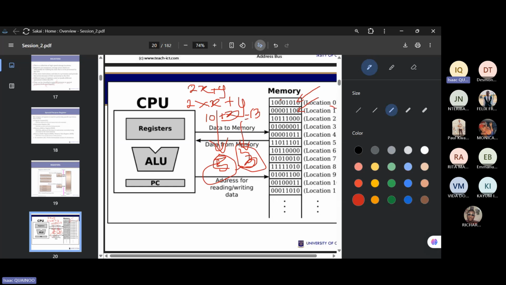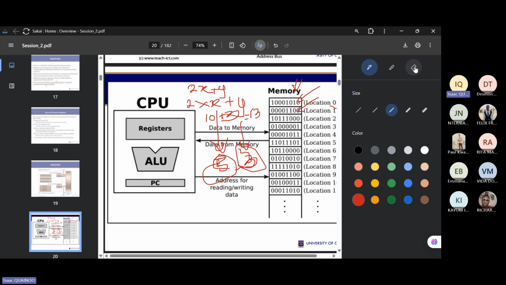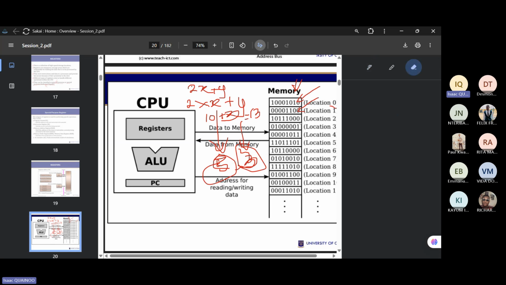The memory can hold both, that is instructions and data. And after it has held them, it passes them to the CPU in a particular fashion. And we are going to look at how this is done.